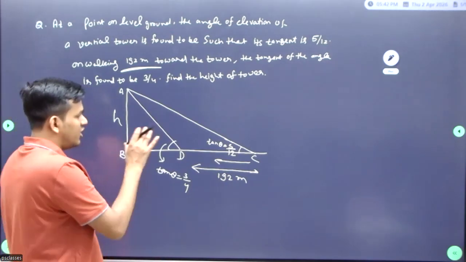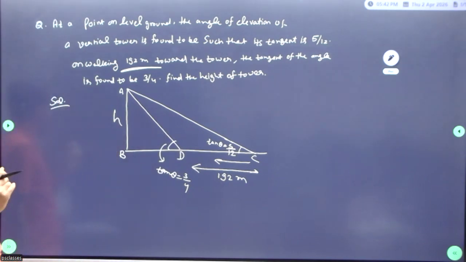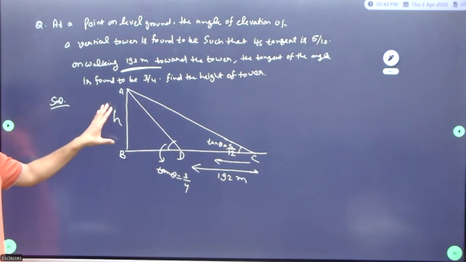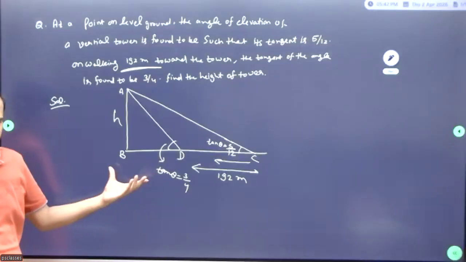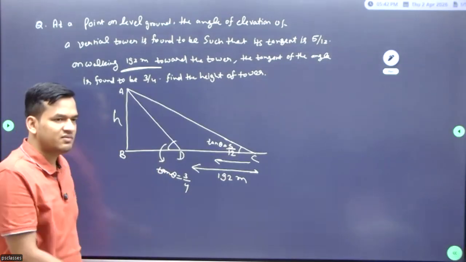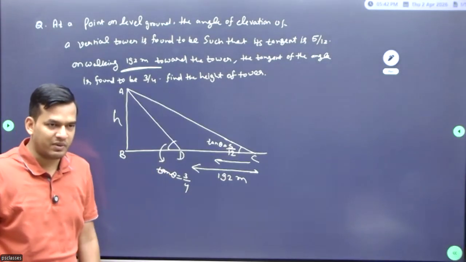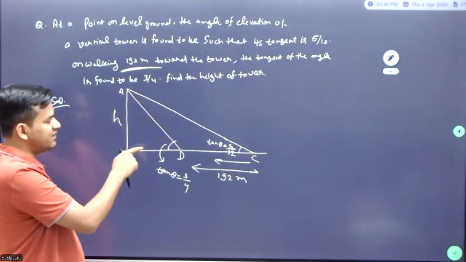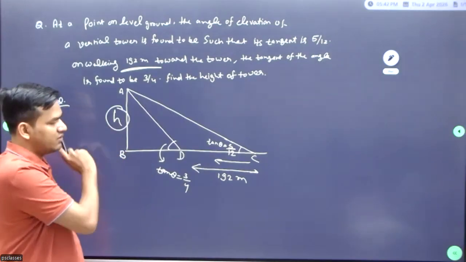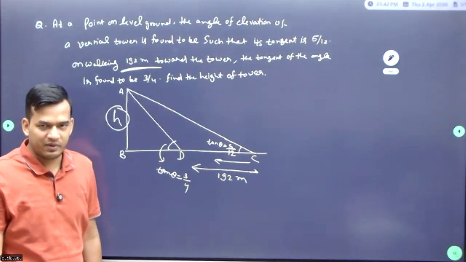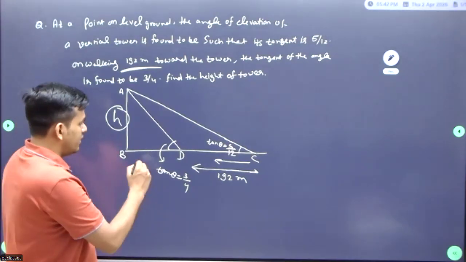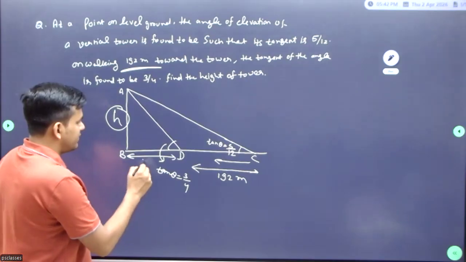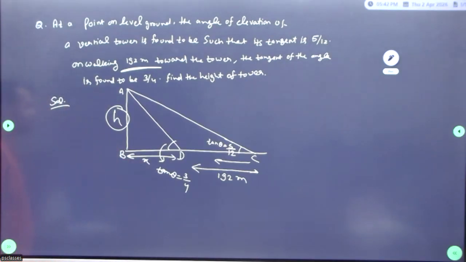So instead of taking 5x and 12x, we are not taking this as 5x and this one as 12x, because here also the angle is 3/4. Tan theta is 3/4. So instead of 3x and 4x, I am taking h, like all the previous questions. Let BD be equal to x. We have done many questions of this type. Two triangles.